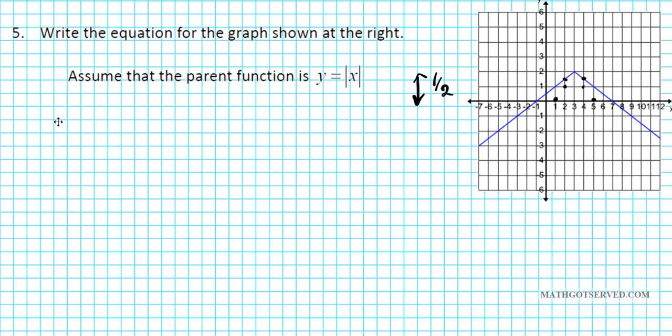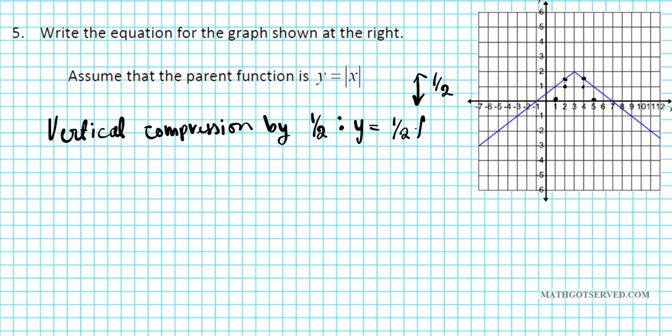Okay, so let's write that down. We have a vertical compression by 1/2, and that simply means that we're going to have y equals 1/2 of the function. Okay, now let's look at the reflection. Since this absolute value function opens downwards, what does that mean?